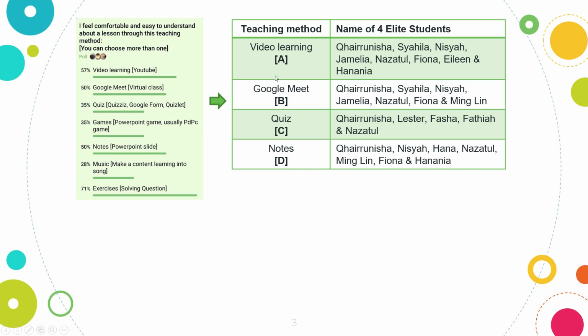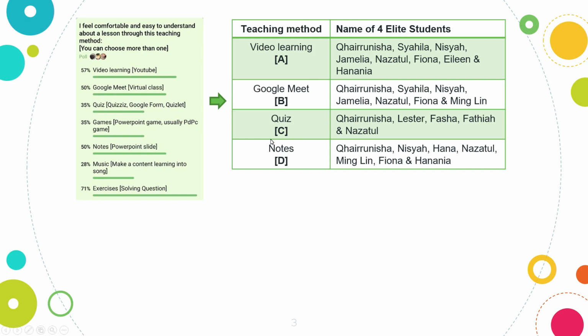Each of these teaching methods is a set. Video learning is set A, Google Meet is set B, quiz is set C, meanwhile notes is set D. And this is the list of the names of the 4 elite students that voted for each of these teaching methods.